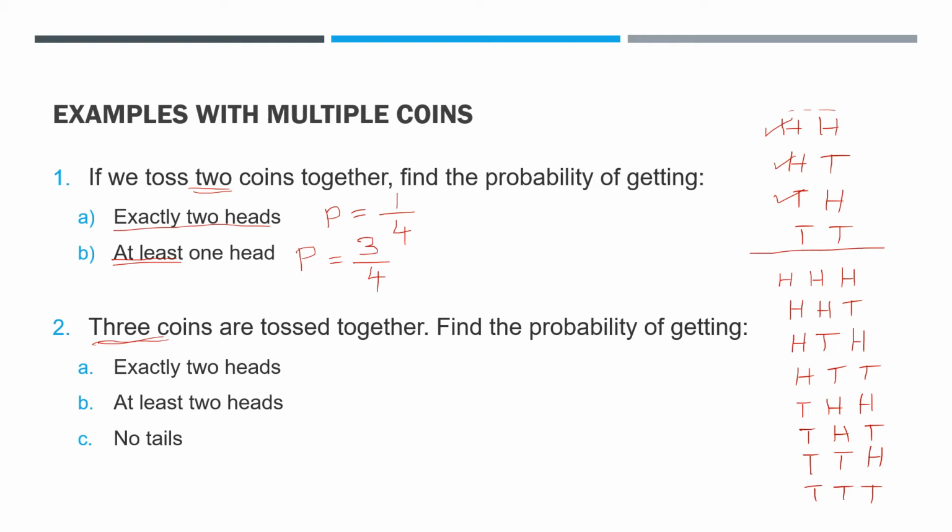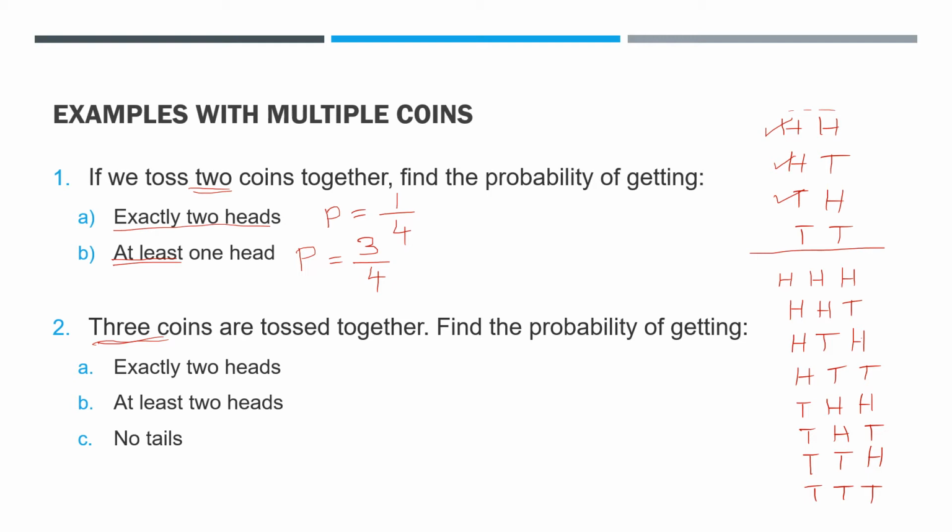Earlier I did heads for the second coin, now let me do tails. And again, same options: the third coin will become heads or tails. So that's how I listed. Then I covered these first four. The remaining four are taking the first coin to be tails. Anyway, I hope you get that concept.